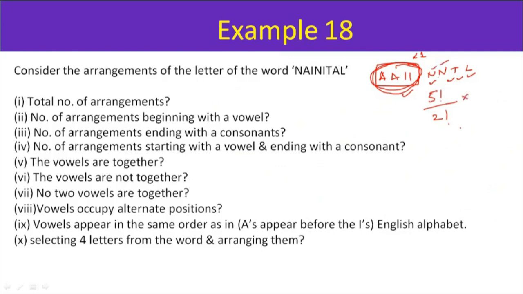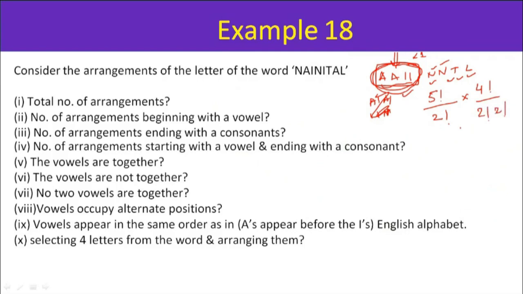Now, itna to tumne kar diya, right? However, this box can also be arranged inside itself because it could be AI, it could be double I, double A, right? What are arrangements? Hence, you will also arrange these 4 letters. In how many ways can you arrange these 4 letters? 4 factorial by 2 factorial, 2 factorial.